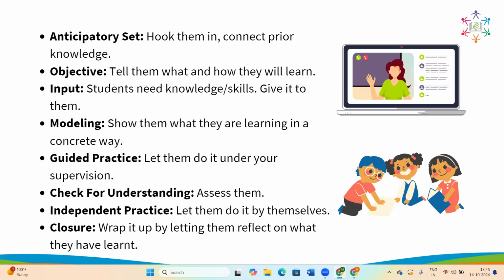Now, let me give you examples from lessons, or how you could design lesson plans for subjects in science or math. So, if you are teaching about force and motion to the students, the first step is the anticipatory set.